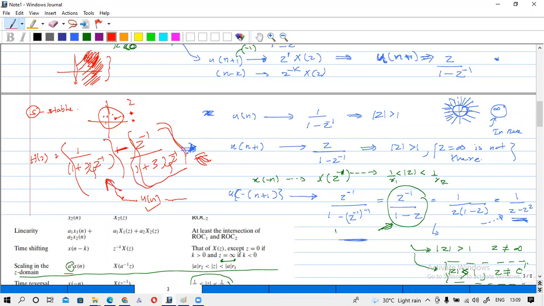This one you can get by scaling only. You don't need to do time shifting. Here you have to do time scaling and time shifting. Then I think you can also get the answer for this one. Likewise, you can find the rest. Try to do that. I will upload this.